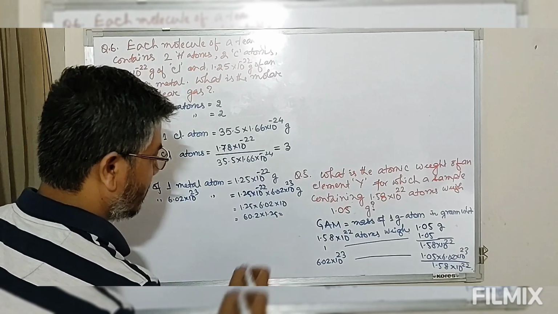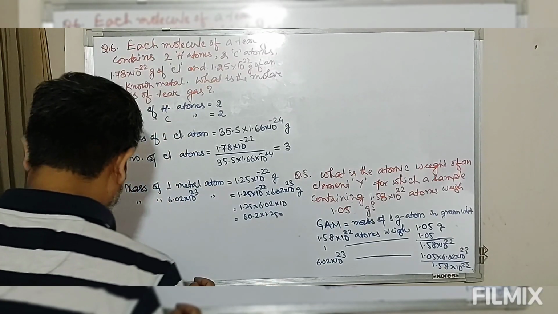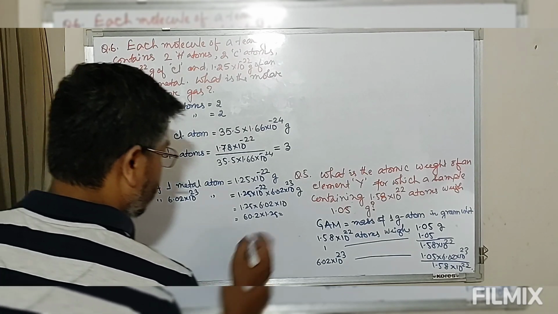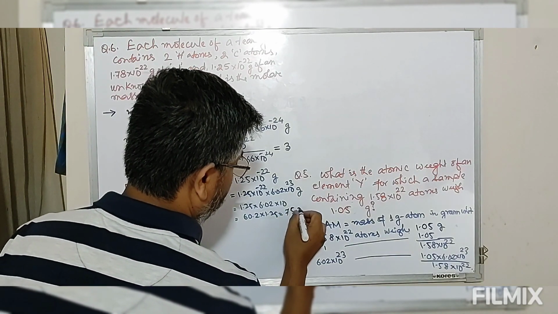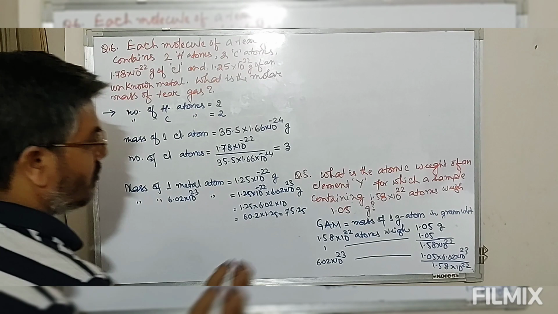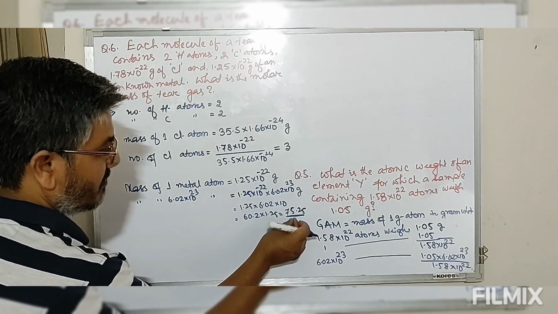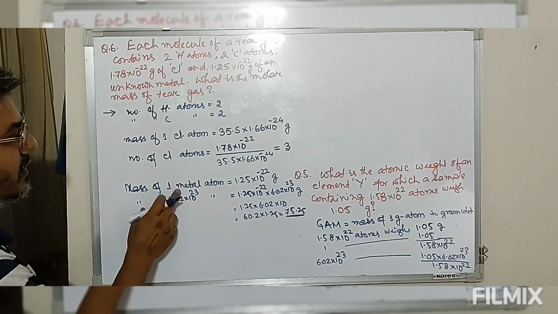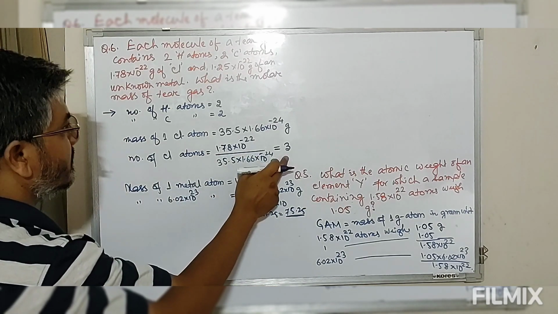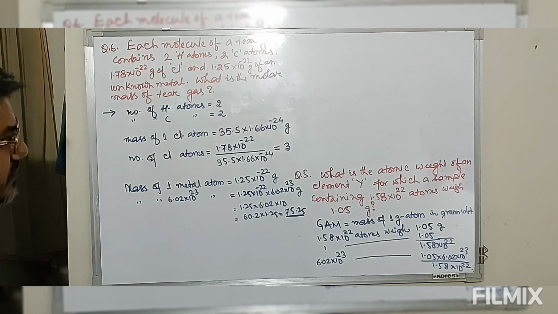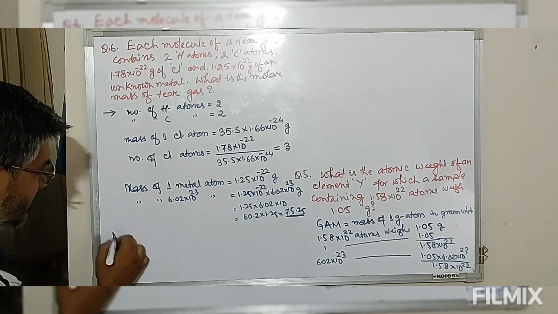So this comes out to be approximately 75. So now we have this, the gram atomic mass of the metal. This is the number of chlorine atoms, this is the number of carbon atoms, the number of hydrogen atoms. Once we have this, then we find the molar mass.